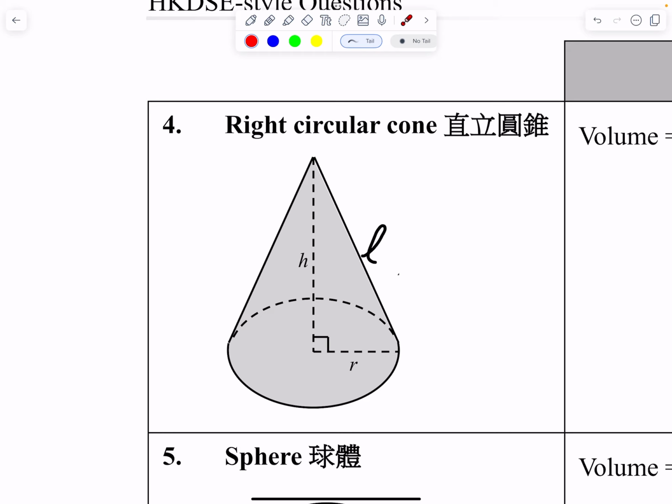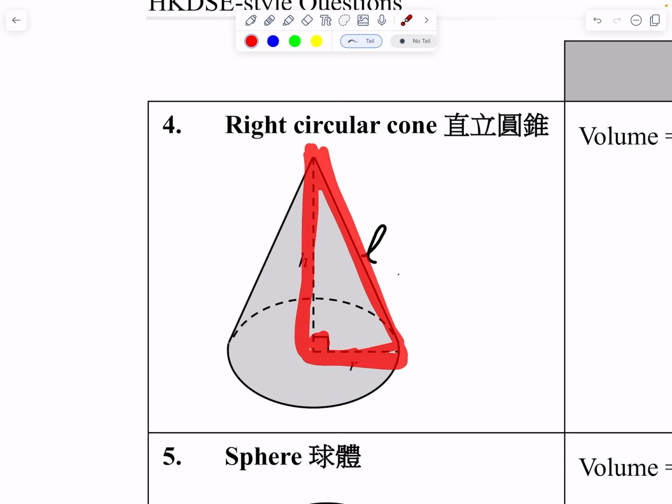Okay, so why do I need this? Most of the time the question will give you r, they will give you height, but they might not give you this L. Then how do we do it? What does height mean? Height means having the 90 degree with the base. So there will be a 90 degree, and do you see any special thing here?